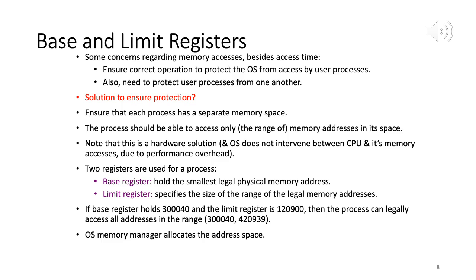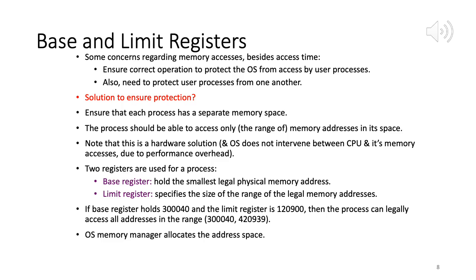The limit register specifies the size of the range of legal memory addresses. So the range is in the limit register. Once again, the base register holds the smallest legal memory address, and the limit register specifies the size of the range of legal memory addresses. If you step out of that range, it will not be allowed.